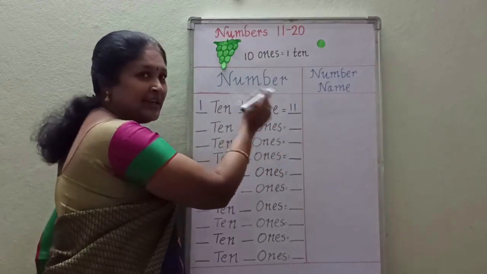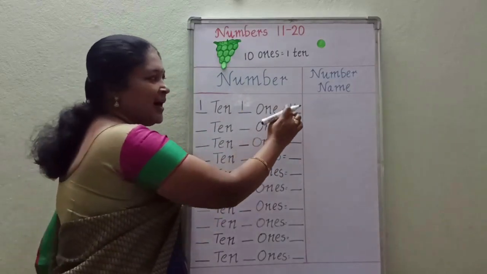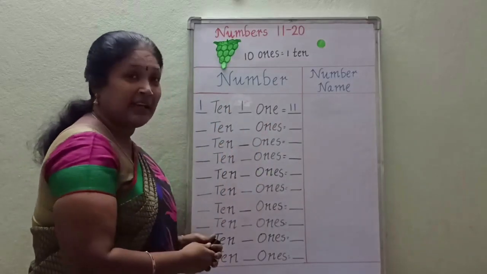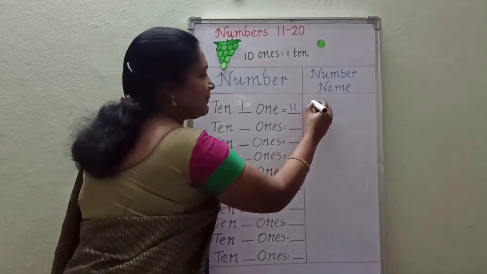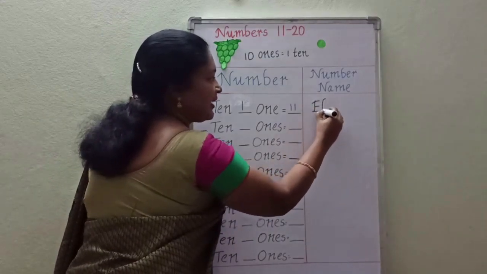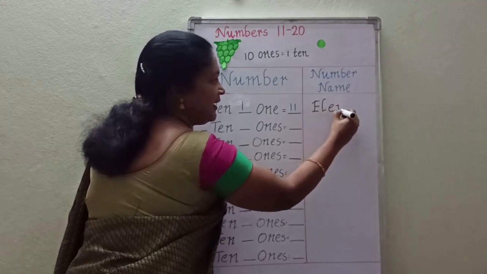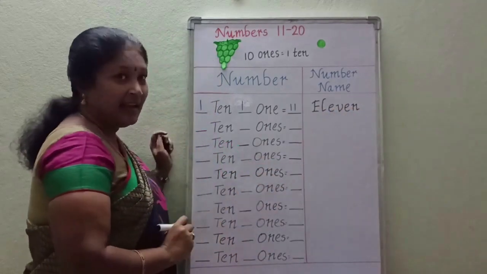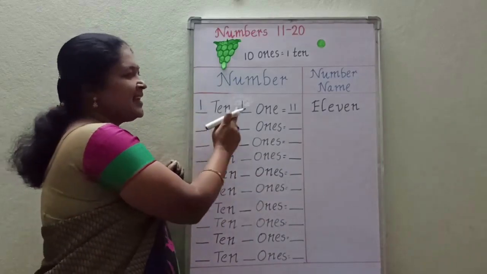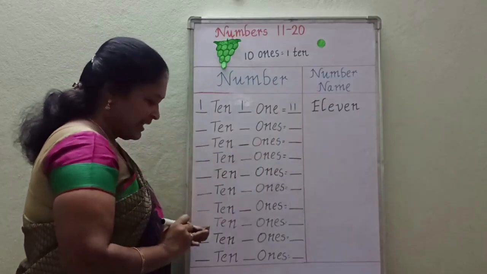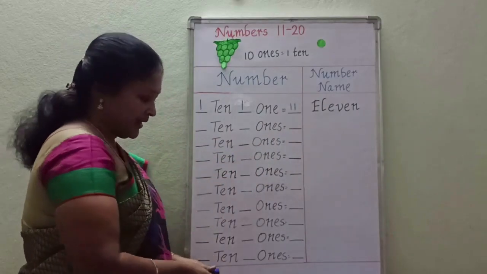See here, 2 digit number you got. 1, 1, 11. And what is the spelling of 11, children? E L E V E N, 11. So 1 ten 1 one equals 11.